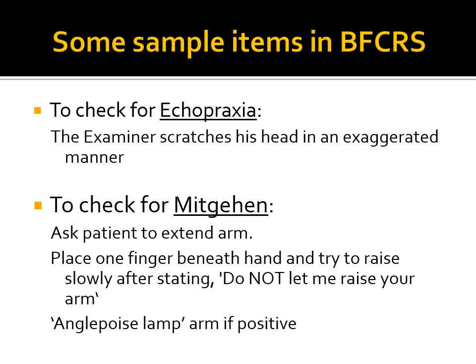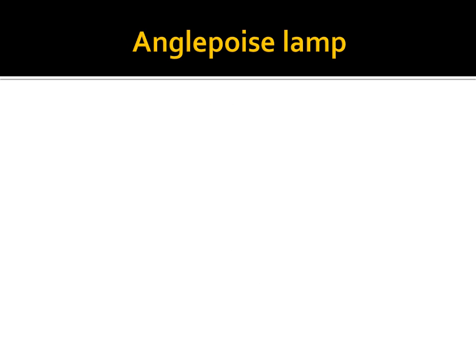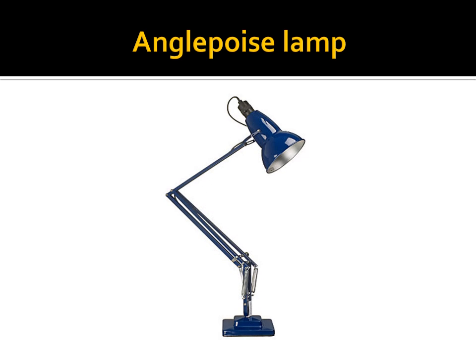But because the patient shows automatic obedience, he would allow you to raise his arm with just the pressure of one finger, and the so-called angle poise lamp arm is seen if it is positive. So this is the angle poise lamp. If the arm assumes that posture, it shows that the patient is exhibiting automatic obedience. Mitgehen.